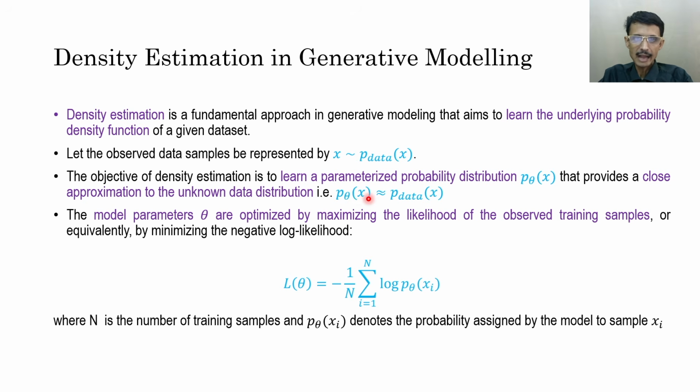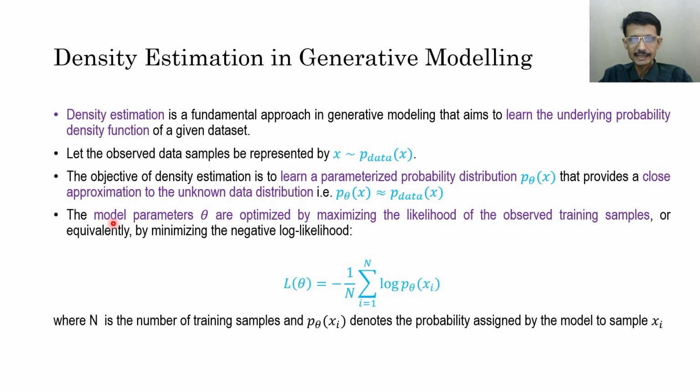We don't have this distribution exactly because it's unknown, so we try to approximate it by setting these thetas. Theta is a parameter, so it's a parametric model, so that this probabilistic model is very close to the observed data.